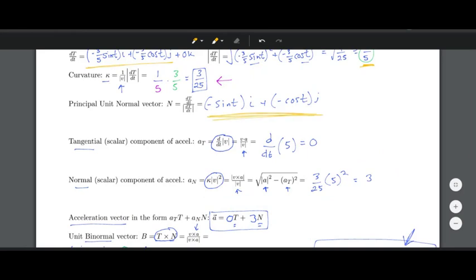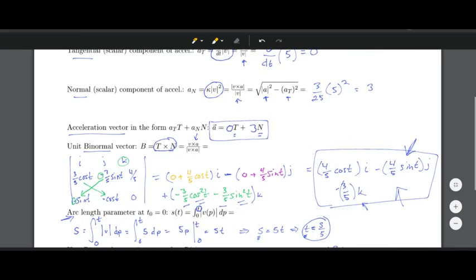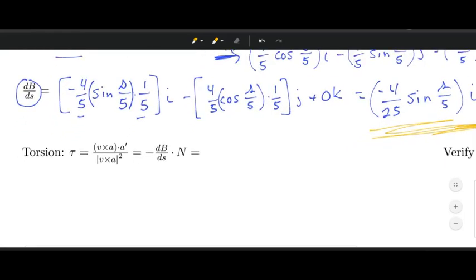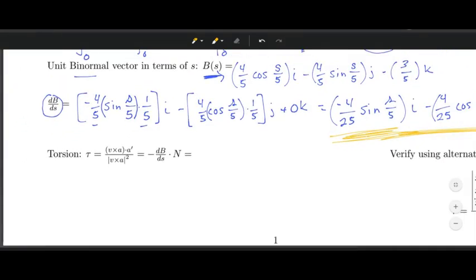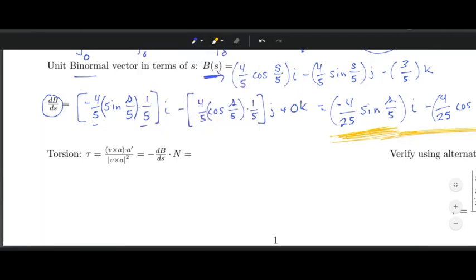You just take the components of each vector, multiply them, and then add. So I'm going to try to remember this: negative sine t and negative cosine t for those components. All right, so we have the negative of this component right over here, so that turns into a positive 4/25. And so we have 4/25 sine of s over 5 times negative sine t.